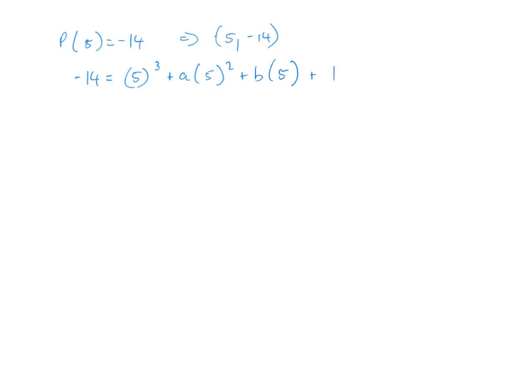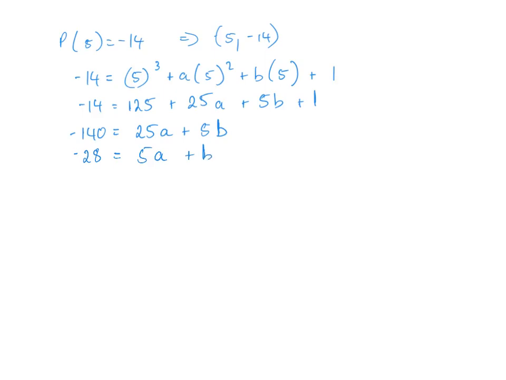Let's tidy that up. So that's -14 equals 125 plus 25a plus 5b plus 1. I'm bringing all of my numbers without letters over to one side, and I get -140 is equal to 25a plus 5b. I'm going to tidy it by dividing by 5. So I get -28 is equal to 5a plus b. That is my first equation.